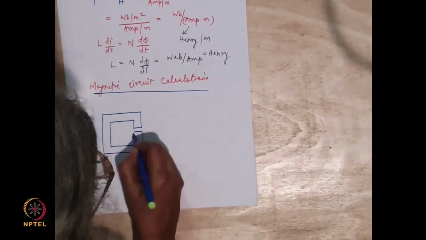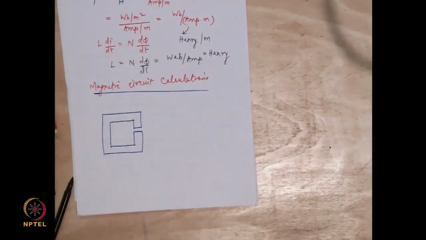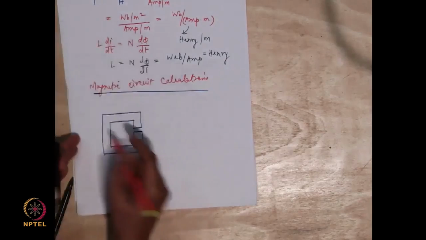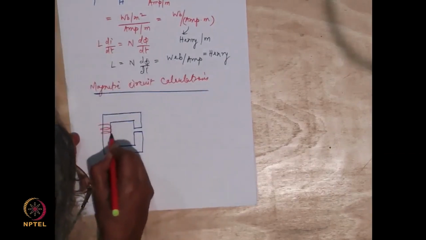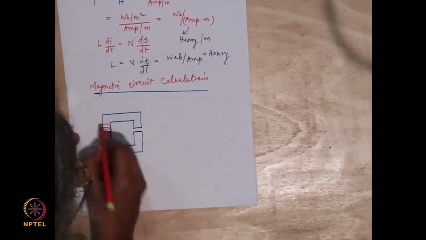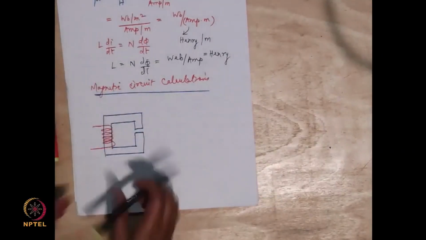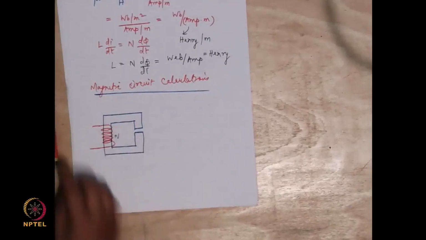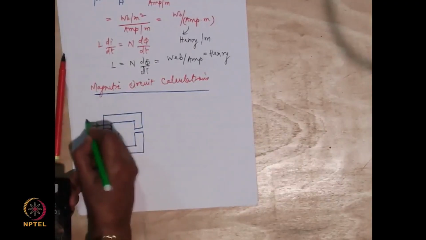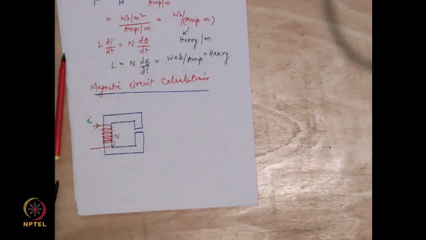So I have introduced a small air gap in between, right? And let us say the turns are wound around this limb only, there are some N number of turns, and I am going to pass a current I through this.